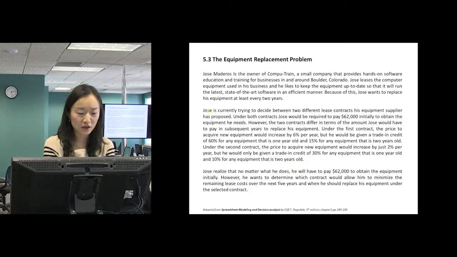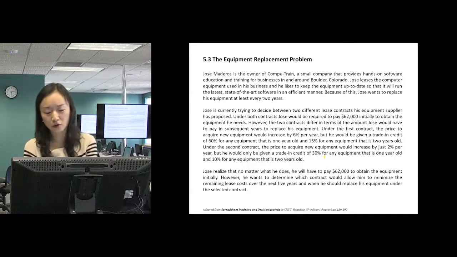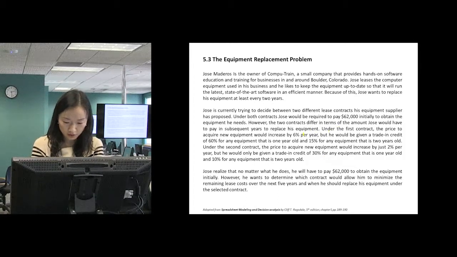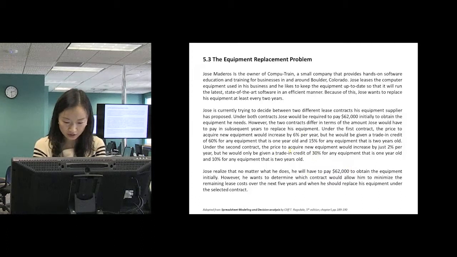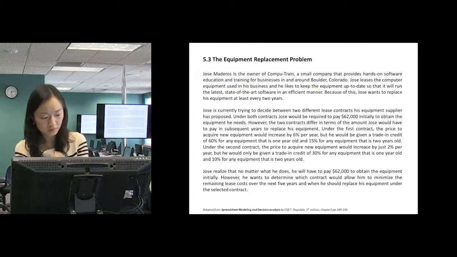So this company owner is trying to decide between 2 different contracts, and the contract is about how to obtain the equipment and then keep it for how many years? Guys, you read the problem statement.